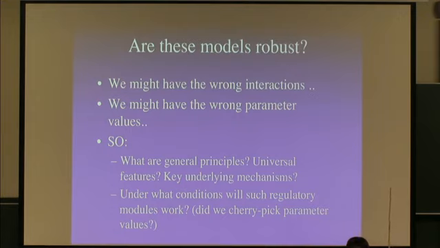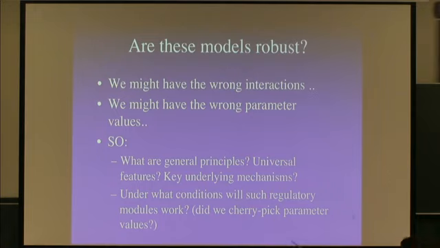We might not necessarily have mutual inhibition between CDC42 and Rho. We might have the wrong parameters. So it's really important to try and extract what are the general principles, what are the key underlying mechanisms, and how can we understand what they do biologically?